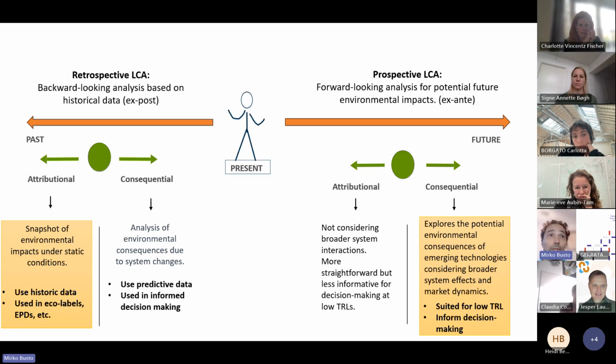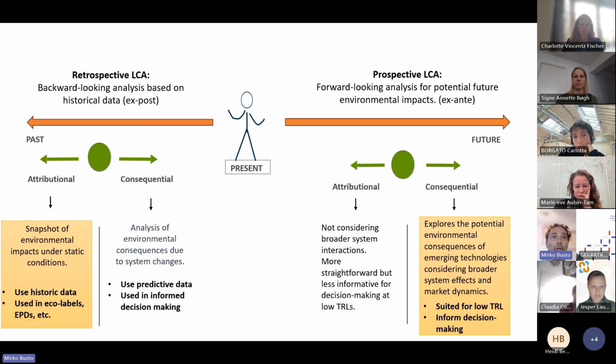And that's the attributional. The consequential flavor of life cycle assessment is an analysis of environmental consequences due to system changes. So we are trying to understand what's happening in the surrounding system around what we are analyzing.